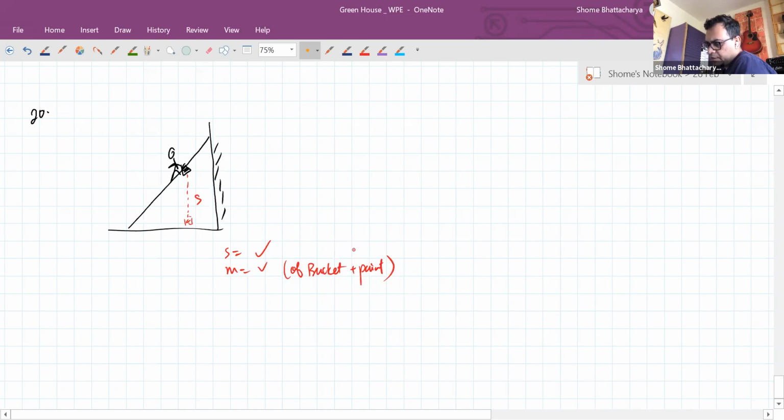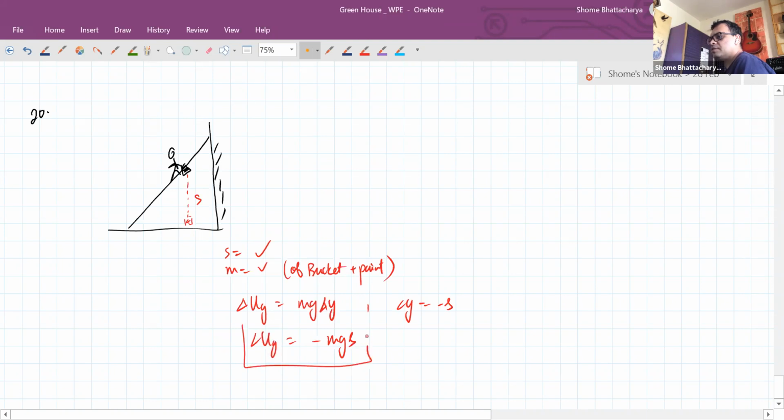We have to find the gravitational potential energy lost together with the paint. So change in gravitational potential energy is mg delta y. Now you can see here delta y is minus s, whatever vertical displacement he's had. So it is minus mgs. That is the loss in gravitational potential energy. Is it clear, Diti? So just put the mass of the bucket and the paint that is given.